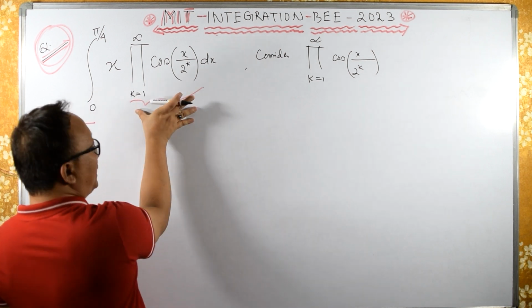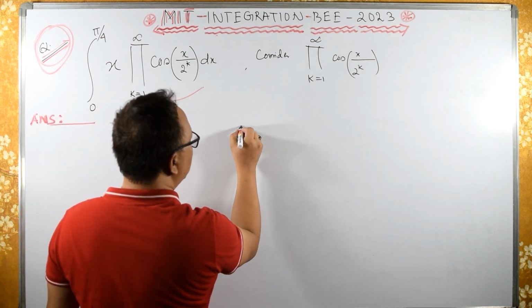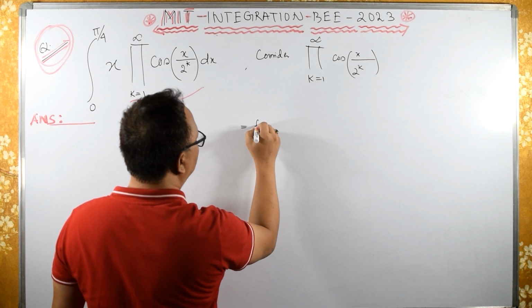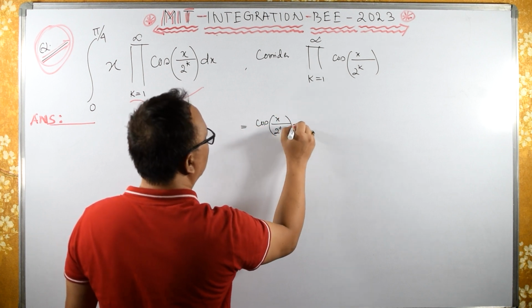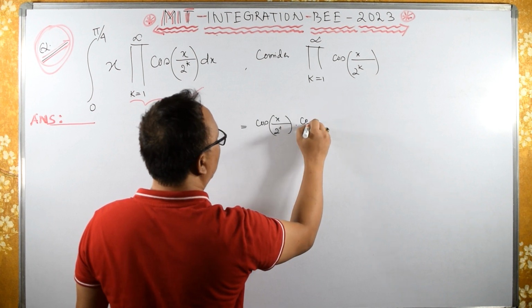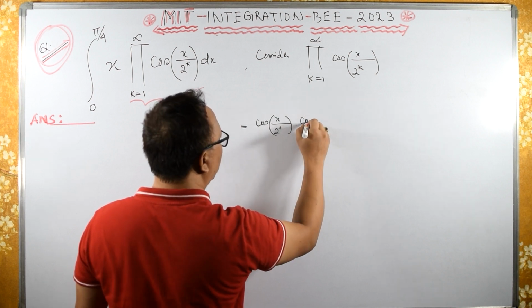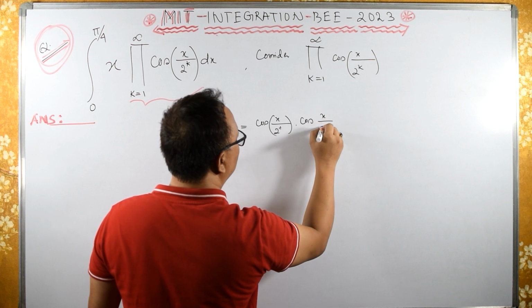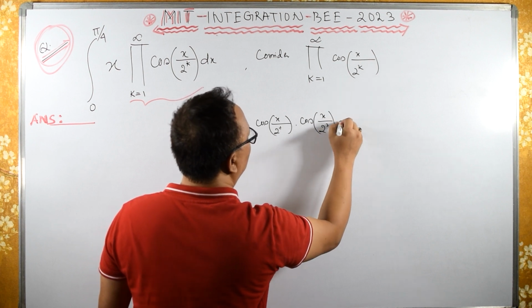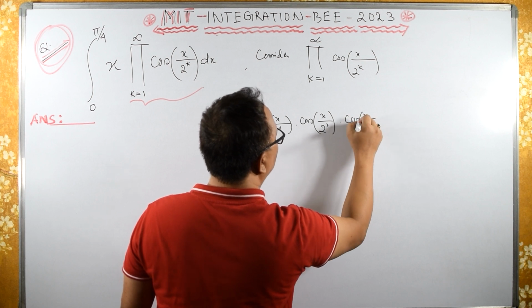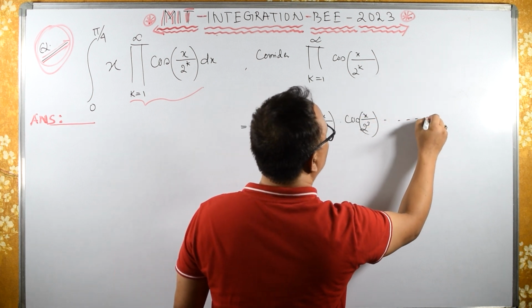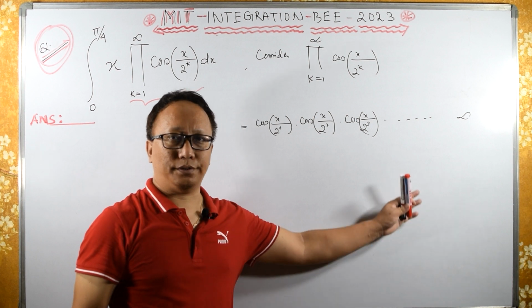I am considering only these parts. When k equals 1, we have cos of x upon 2 raised to 1, into, when k equals 2, cos of x upon 2 raised to 2, and into cos of x upon 2 raised to 3, and so on, up to infinity.